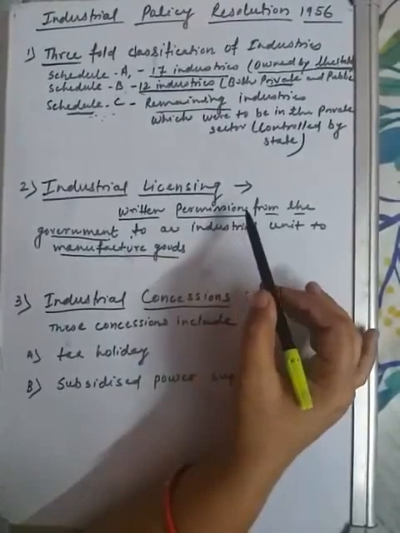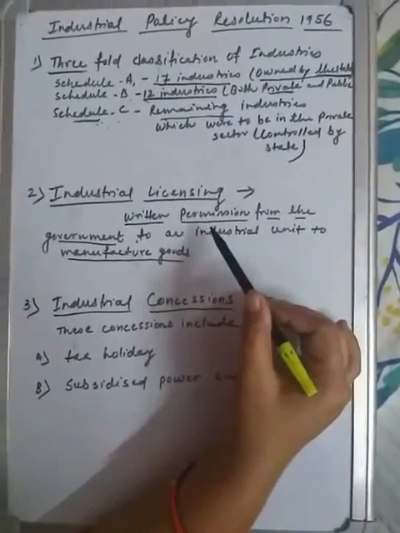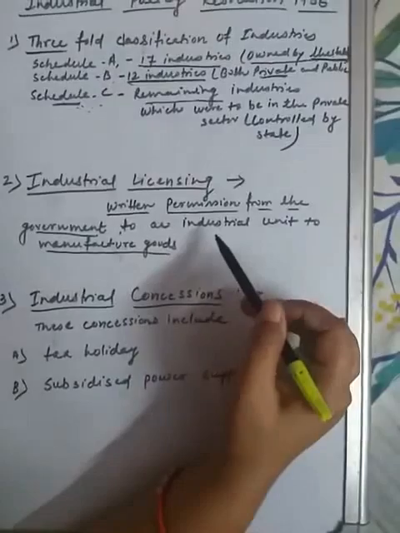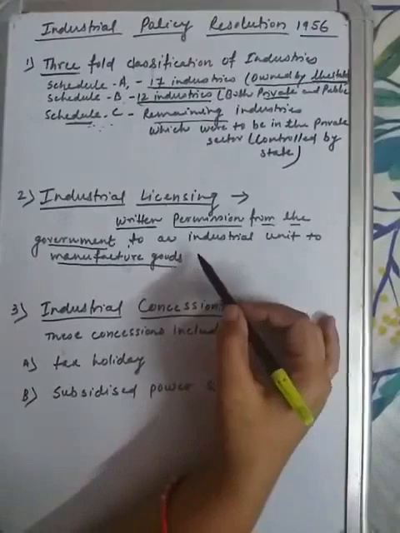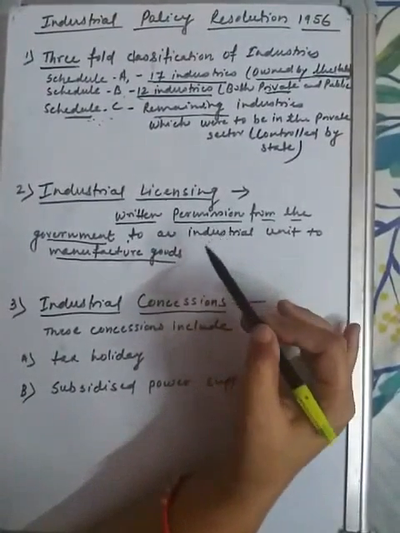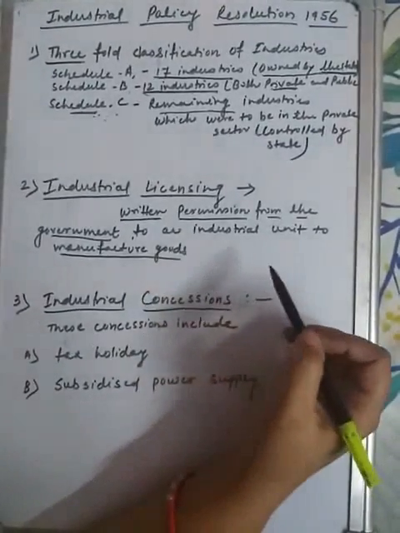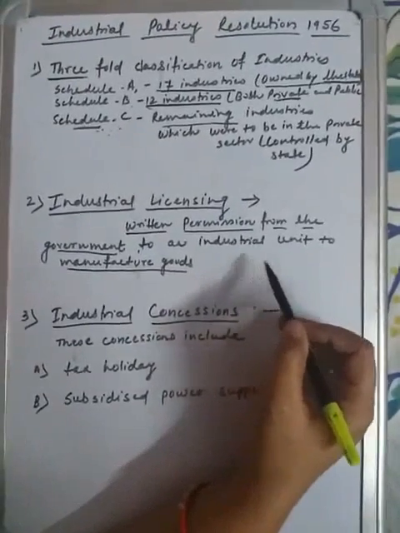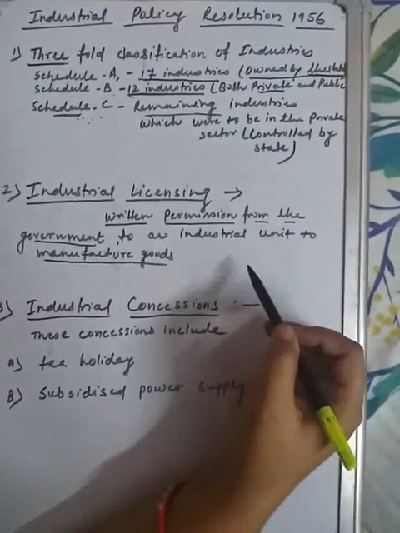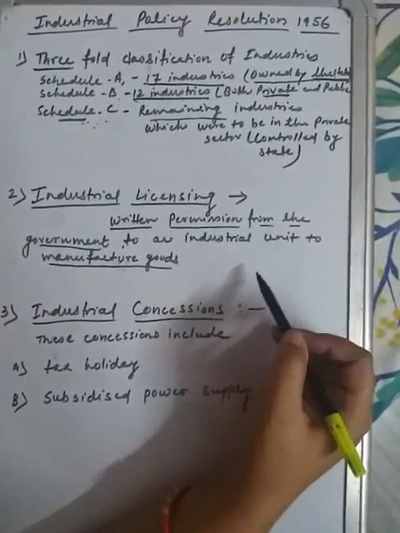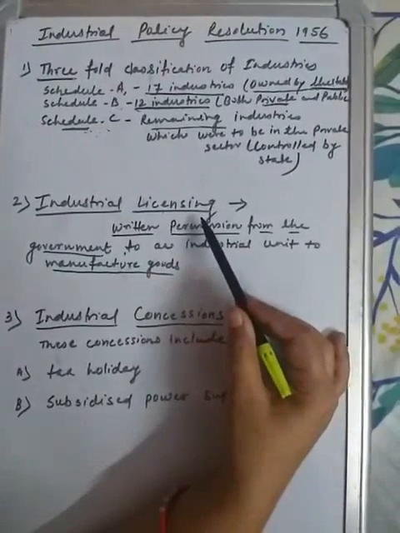There are three bases, not only establishing a new industry, on which the industrialists have to take license or permission from the government. First one is setting up the new industry, and second one is expansion of existing ones. It means after setting up an industry, if the industrialists want to expand their goods, then they have to take permission or license from the government.